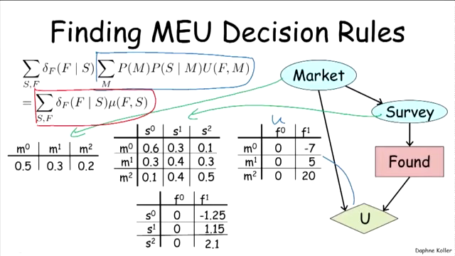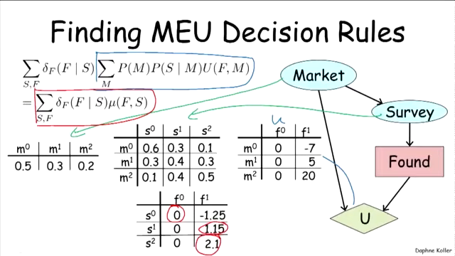and we look at this factor over here, it seems clear that what's going to maximize the summation is if we put full weight on F0 in the case S0, which, if you look at these CPDs, is the case where the survey suggests that the market demand is bad. And at the same time, in the other two cases, we're going to choose the action to found the company.